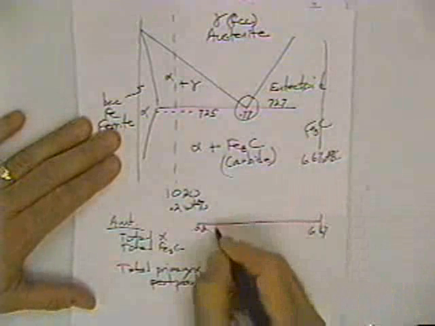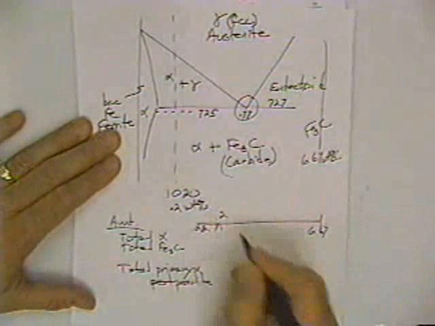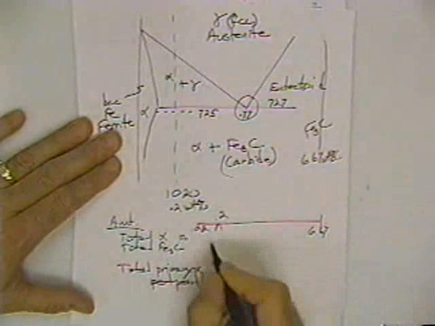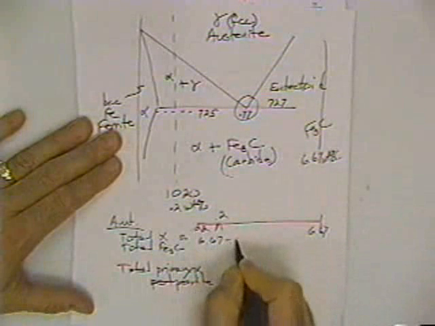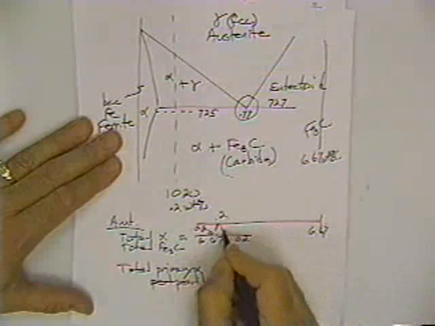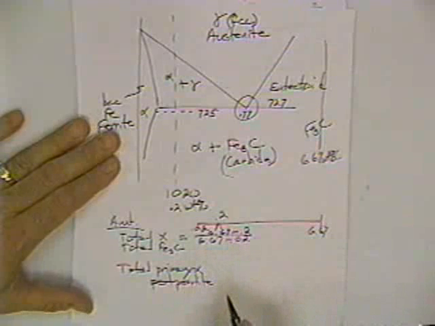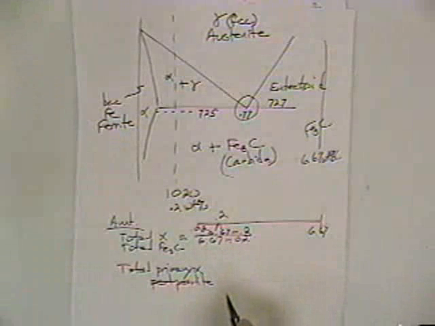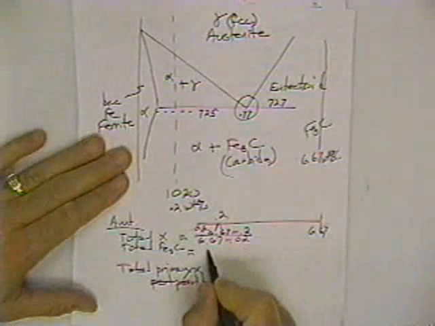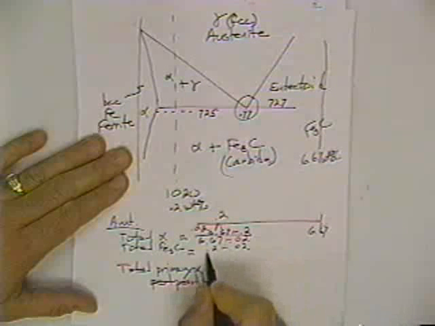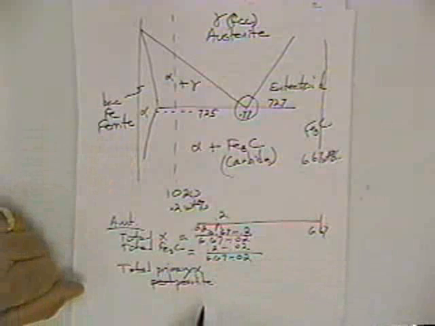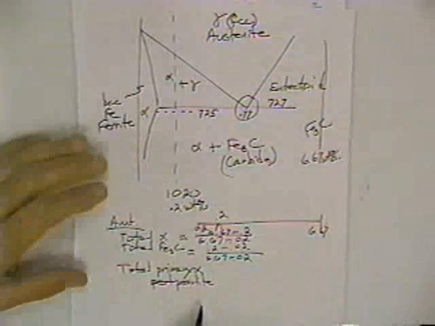So it would be 6.67, and we're at 0.2. So the total alpha is going to be equal to 6.67 minus 0.02, and then the numerator is going to be 6.67 minus 0.2. And now that's not surprising, as it looks like it should be mostly alpha. The iron carbide is going to be a smaller amount, so it's going to be 0.2 minus 0.02 over 6.67 minus 0.02. So that'd give us the total alpha and iron carbide.